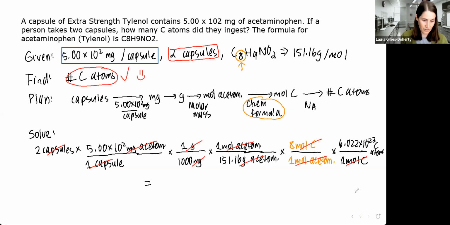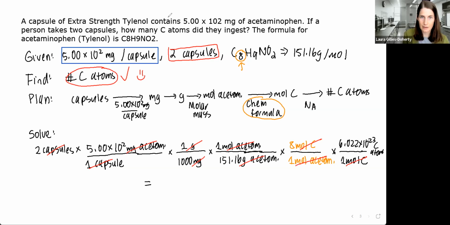2 times 500 times 8 times 6.022 times 10 to the 23rd, divided by the product of everything on the bottom, 1,000 times 151.16.